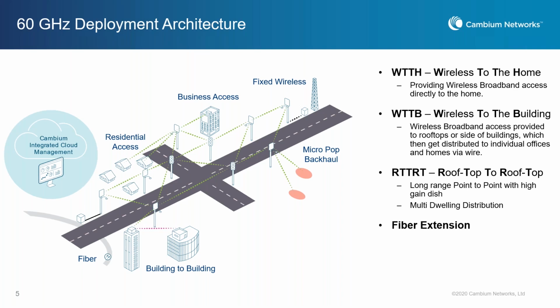With channel bonding, we can do 7.6 gigabits. So this is the perfect solution for the last couple hundred meters or 1,000 meters of fiber extension. In locations where fiber cannot be reached, this gives you the last 100 meters connection with 60 gigahertz. More than that, 60 gigahertz can form a multi-gig distributed backhaul layer.